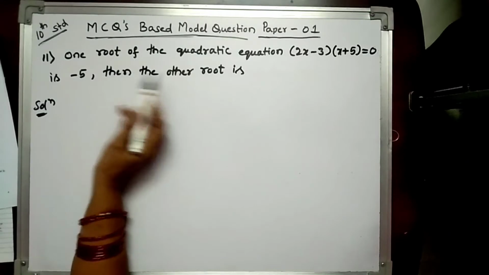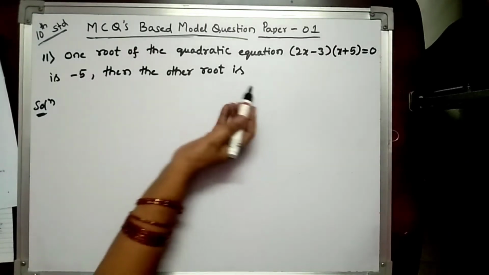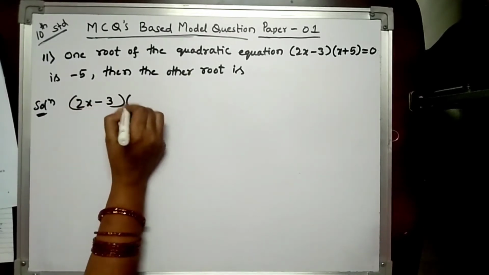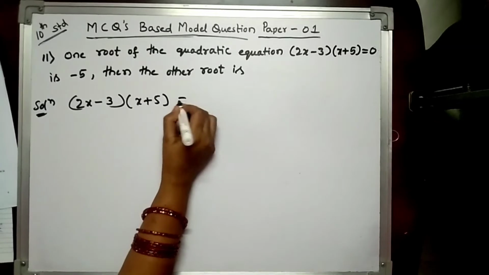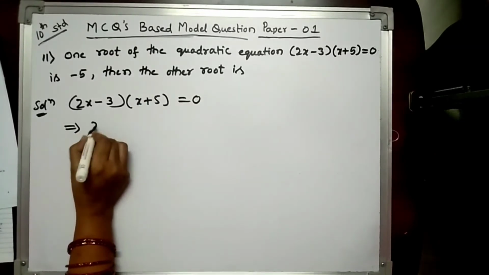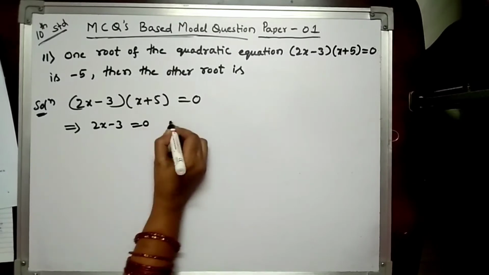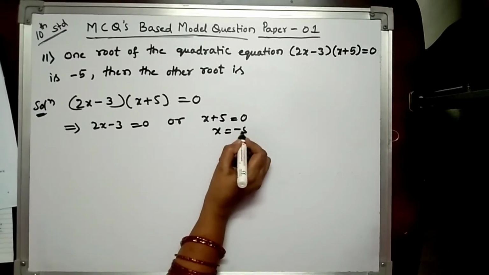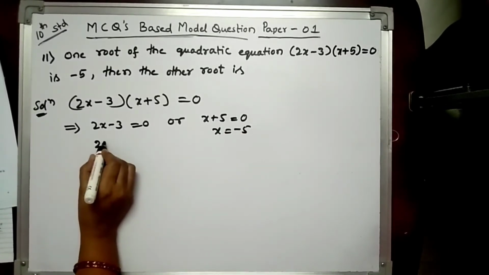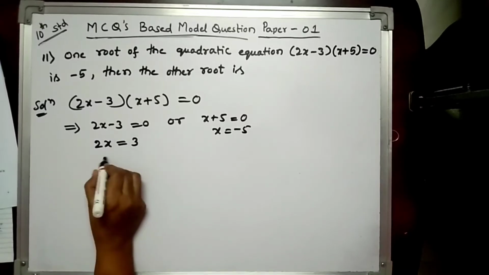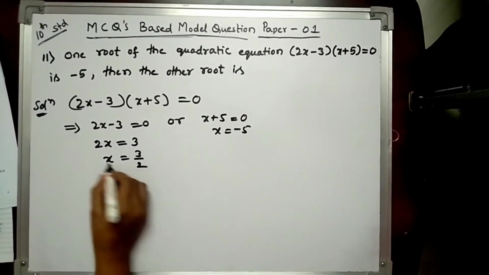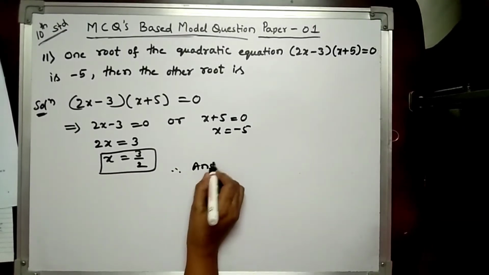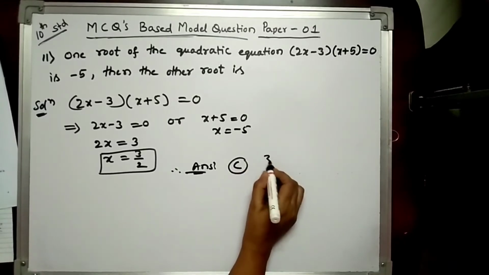Which implies 2x minus 3 is equal to 0 or x plus 5 is equal to 0. x is equal to minus 5 they have given. And the other root is this one: 2x is equal to 3, x is equal to 3 by 2 is the other root of this equation. Therefore, option C, that is 3 by 2.